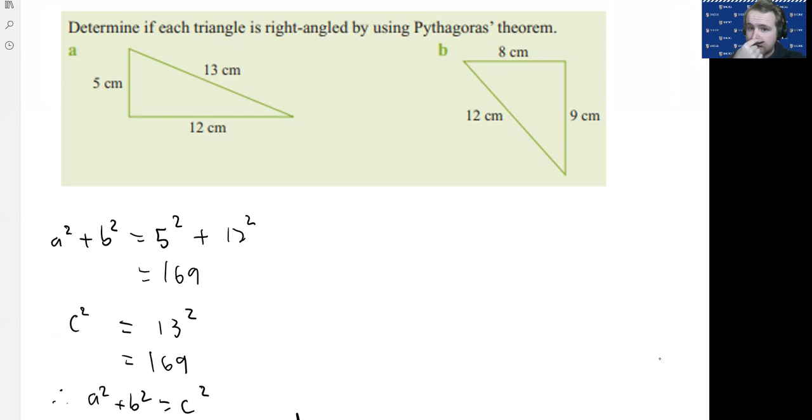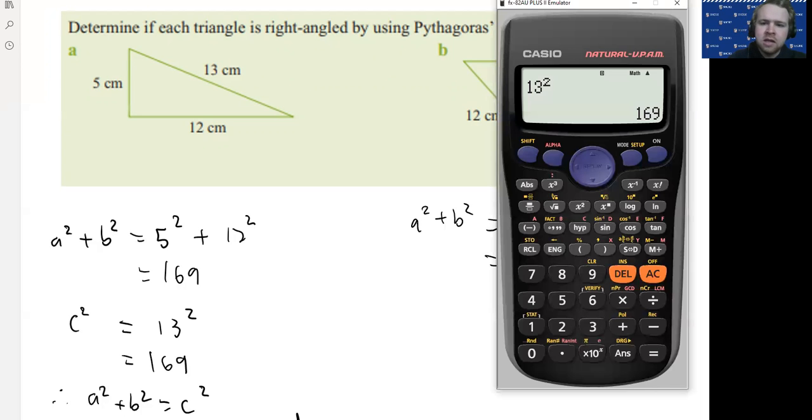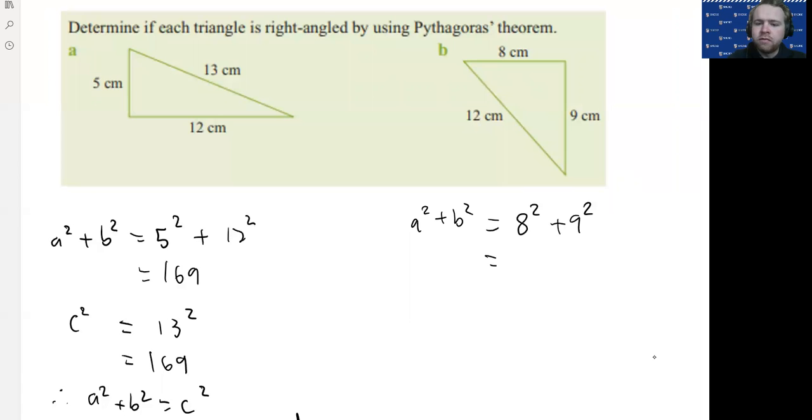Okay, let's try this again. We've got 8, 9, and 12. So 12 is obviously the longest side. So a squared plus b squared is going to equal 8 squared plus 9 squared. We put that in our calculator, 8 squared plus 9 squared equals 145.